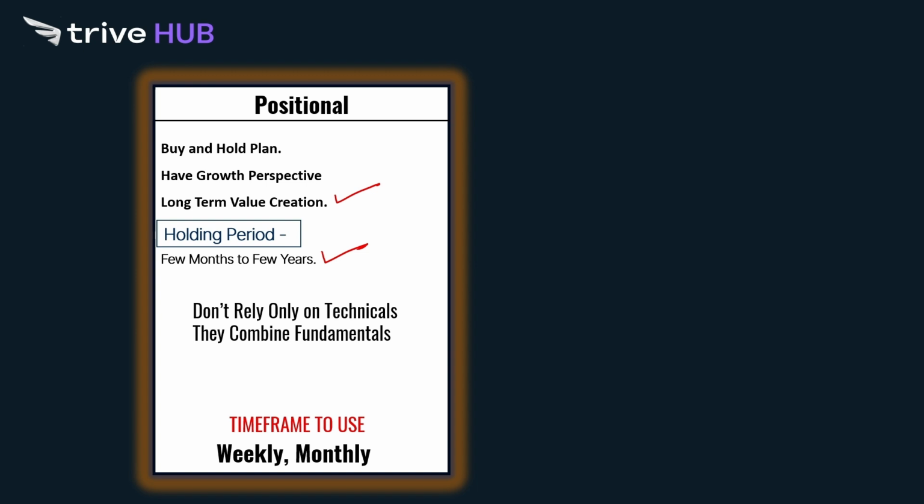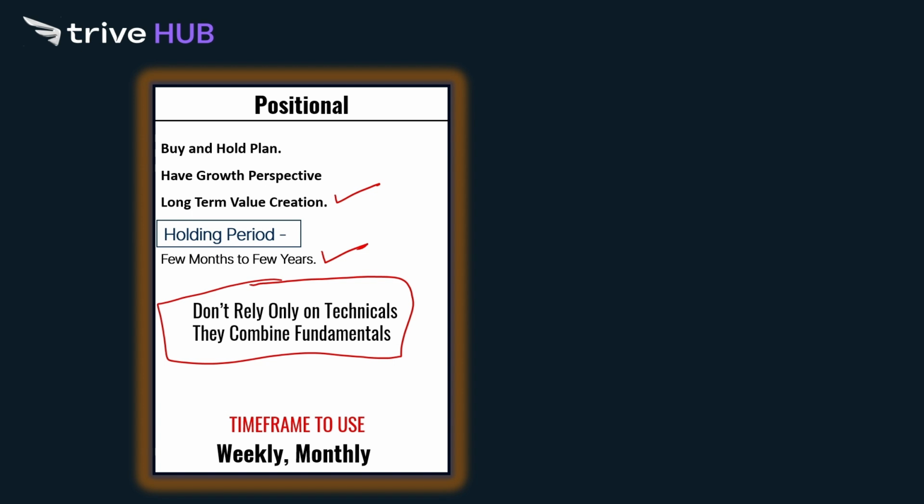So you have to combine fundamentals also, because using only technical analysis without fundamentals will not help you understand the long-term growth of the economy or any currency pair. Alright, for technical entries, you can use weekly or monthly charts to identify the best price.